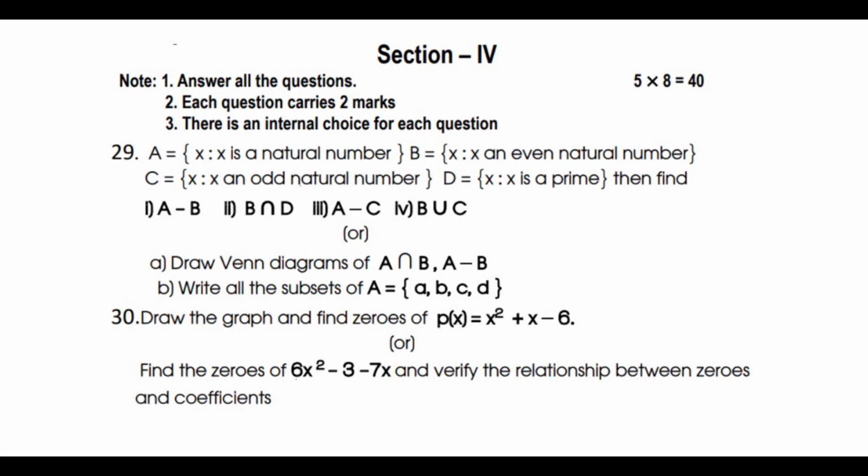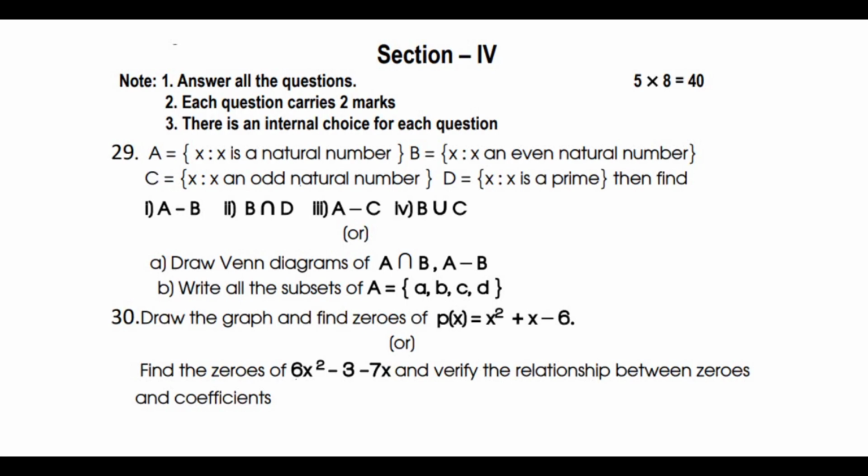For that you can find A minus B, B intersection C, A minus C, and B union C. When you are writing from set builder form to roster form, if you make a small mistake you will get wrong answers and lose the total marks. It's very dangerous, so be careful.